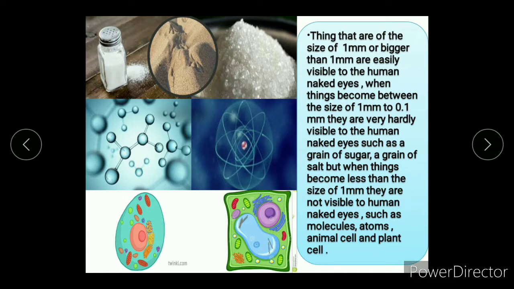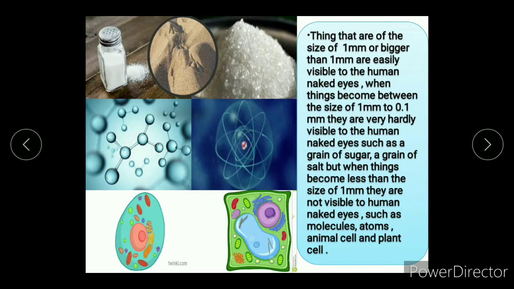When things become between the size of 1 mm to 0.1 mm, they are hardly or very hardly visible to human naked eyes, such as a grain of salt, a grain of sugar, a grain of sand, and many more things.